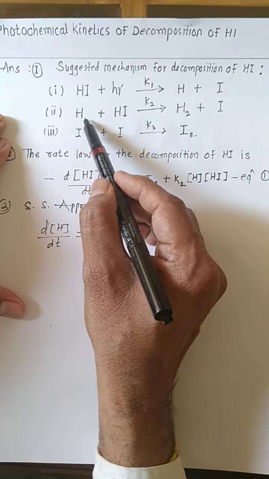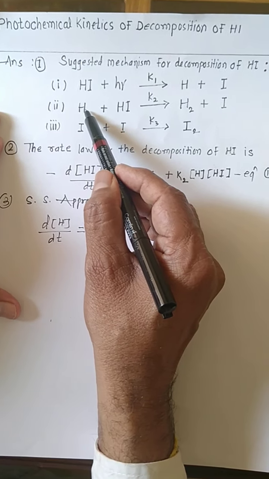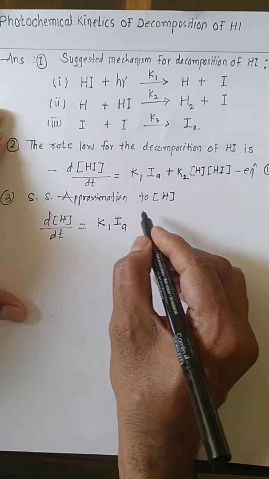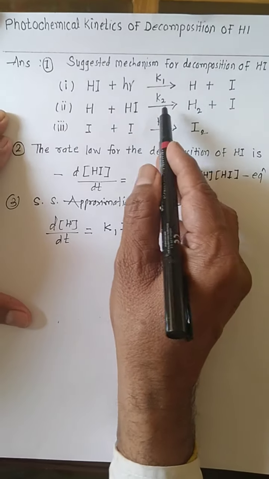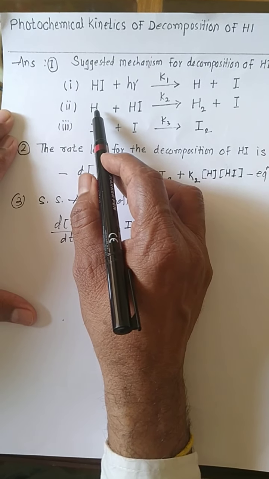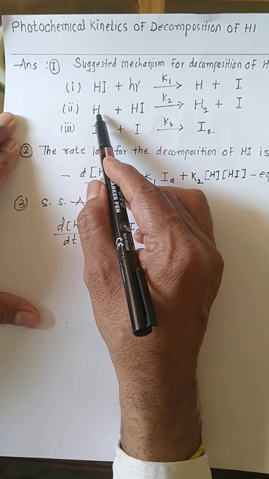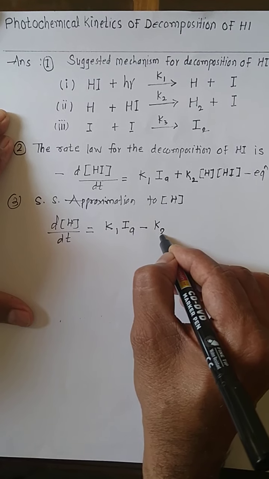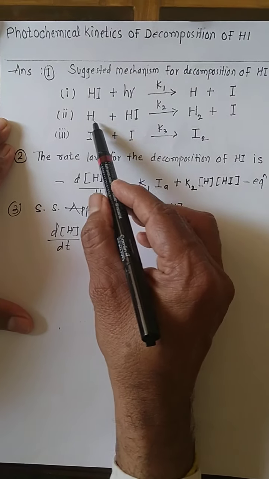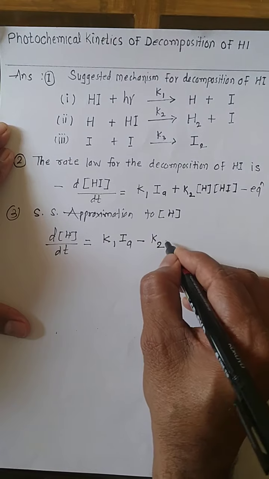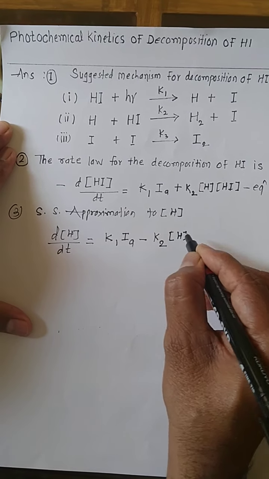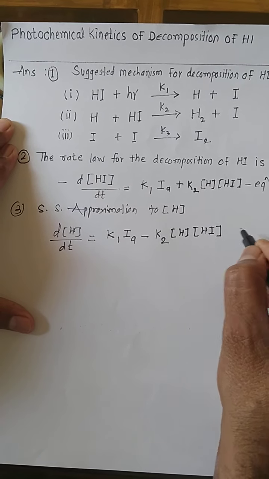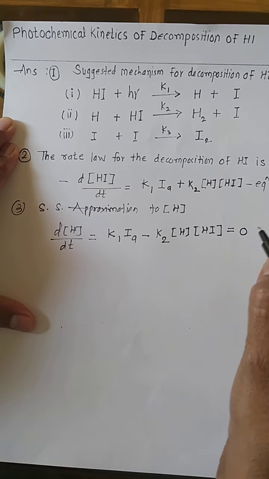Then in this case, H is consumed, so you have to write a minus sign. Because H is consumed, here is formation and here is consumption, you write minus K2, the rate constant K2, then in one bracket H, another bracket HI, this is equal to 0.